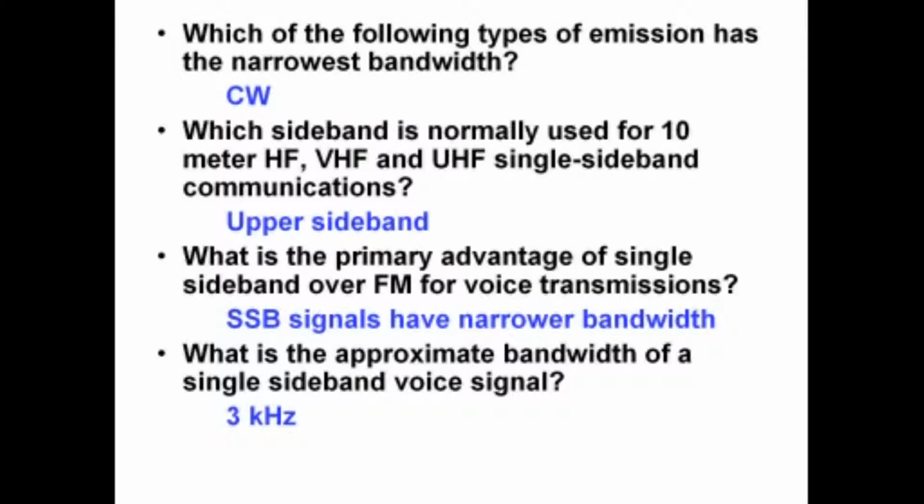Which of the following types of emission has the narrowest bandwidth? CW, which you'll remember is Morse code. With CW, we're just turning the carrier off and on. We're putting the information on the carrier by turning the carrier off and on, and that produces the narrowest bandwidth that will transmit information.